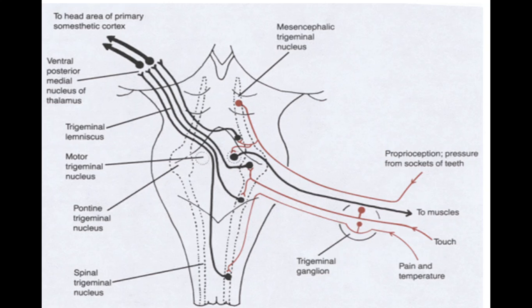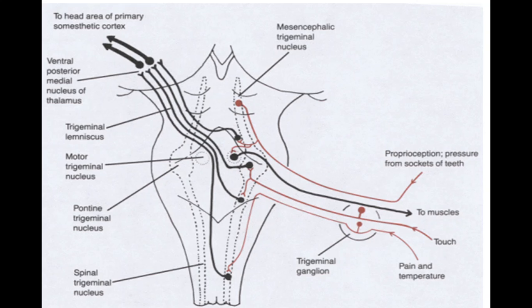And what sensations or sensory impulses do they carry? The pain and temperature from all the areas of the face and head, including the tongue, the oral cavity, the teeth, gums, nose, nasal cavity, and the paranasal air sinuses.